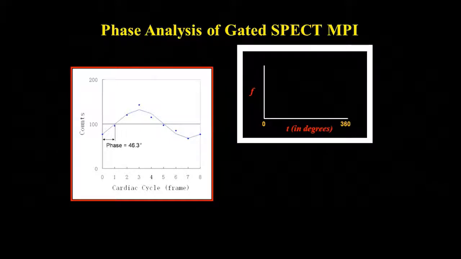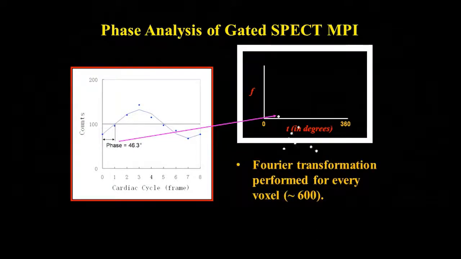The phase analysis has two components, a frequency component on the y-axis and the time component on the x-axis, and the time, again, is in degrees. So this voxel contracts at, let's say, this time point in the cardiac cycle, and then you have numerous other voxels, and this phase analysis is performed for all these 600 voxels to define not only when they contract, but also how many of them contract at that particular time.